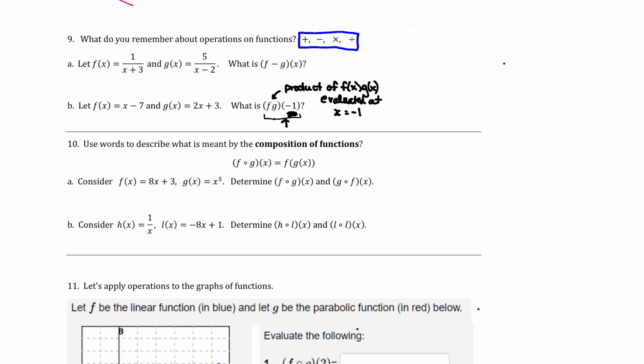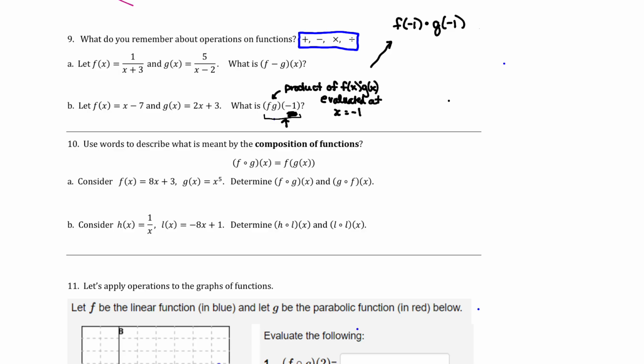So we're finding f and g, and then we're taking a product, we're multiplying them, and then evaluating at negative 1. Some people actually do it the other way. They first of all find f of negative 1, and then they multiply that answer by g of -1, and that's also acceptable.